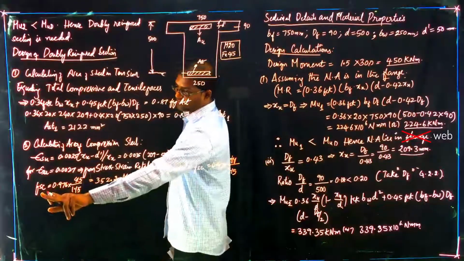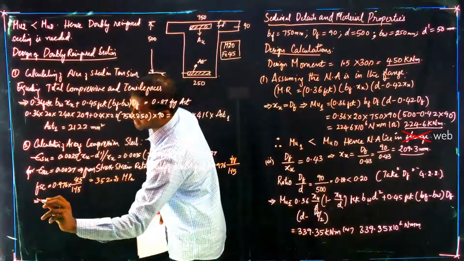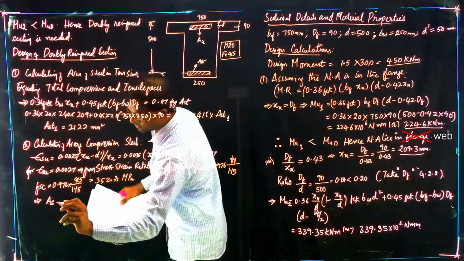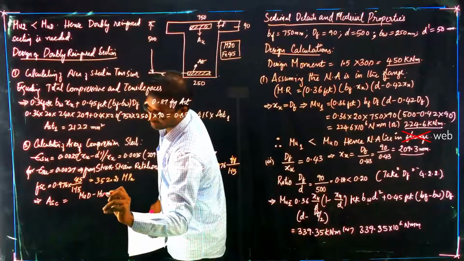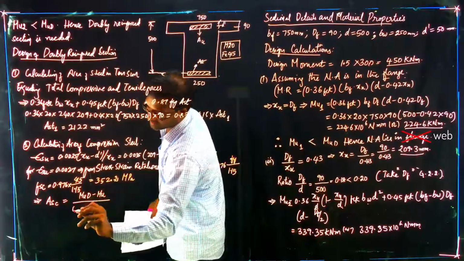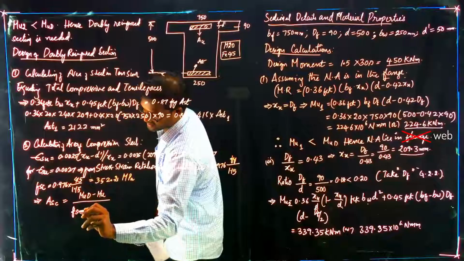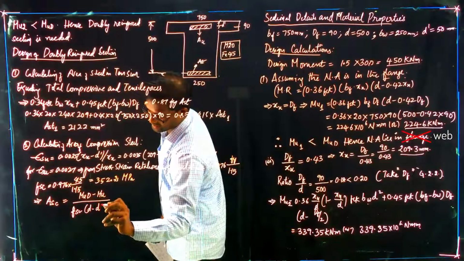Now, if you know fsc, then you can calculate Asc from the code book as design moment minus moment of resistance divided by fsc into d minus d dash.